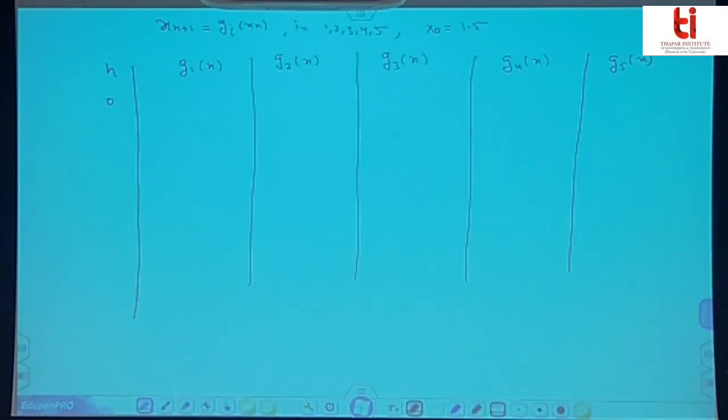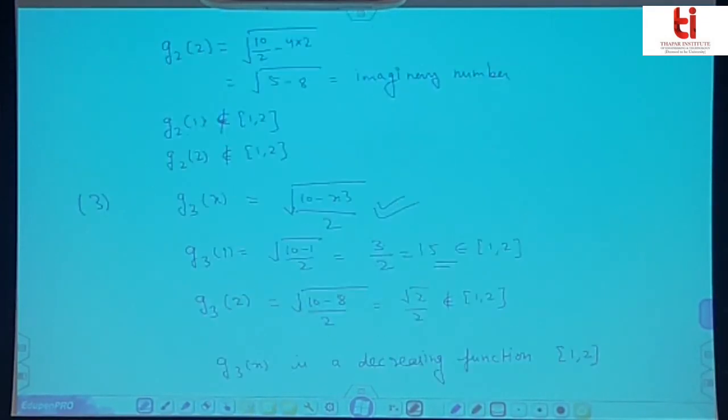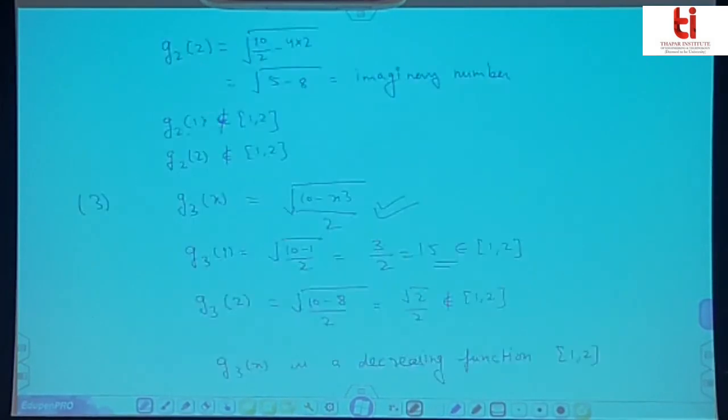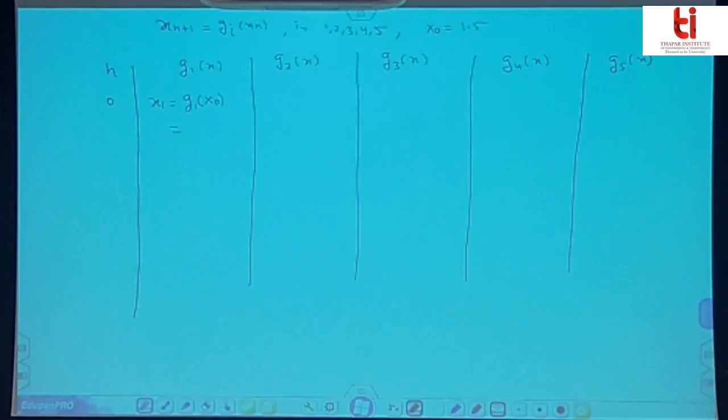Whenever we are giving x0 as 1.5, then x1 will be g1(x0). This is our g1. Now we'll put x0, which is 1.5, so g1(1.5).